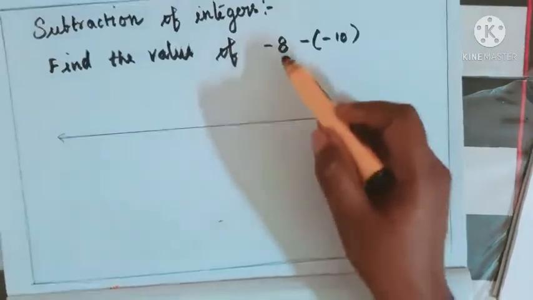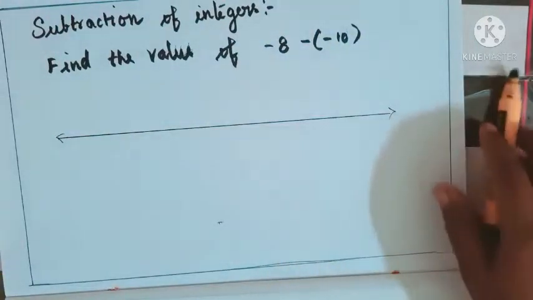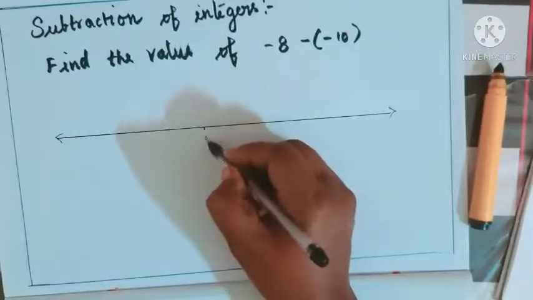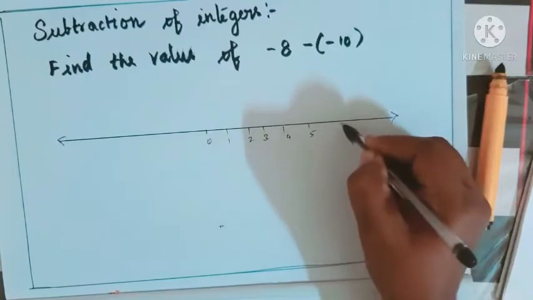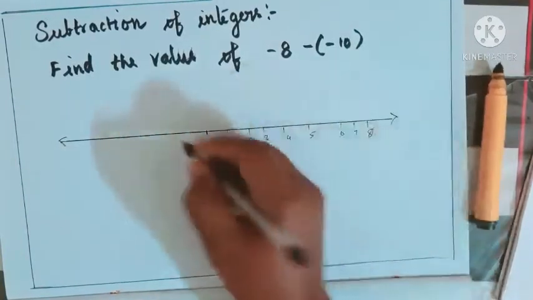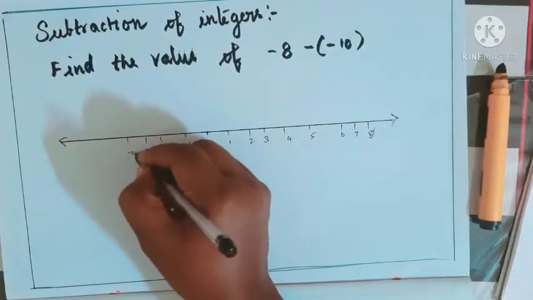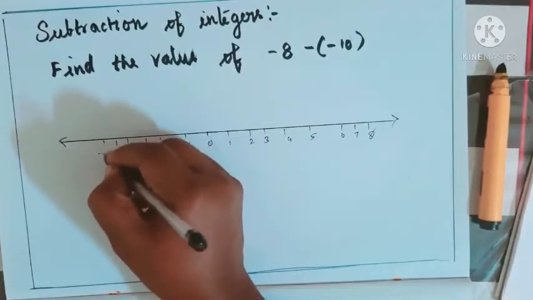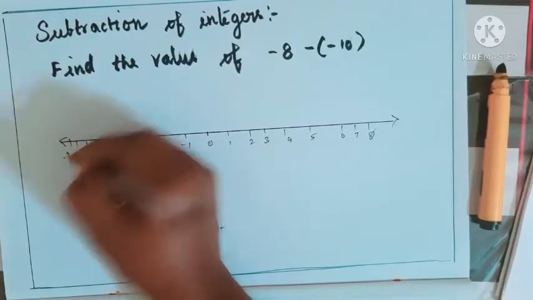Find the value of minus 8 minus of minus 10. Okay. So now what will we do? Draw a number line. 0, 1, 2, 3, 4, 5, 6, 7, 8 goes on. Minus 1, minus 2, minus 3, minus 4, minus 5, minus 6, minus 7, minus 8, minus 9, keeps on going.